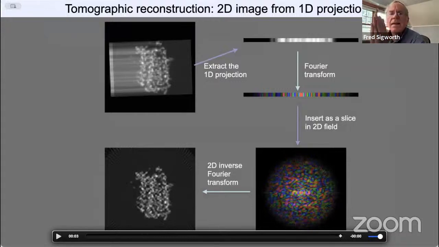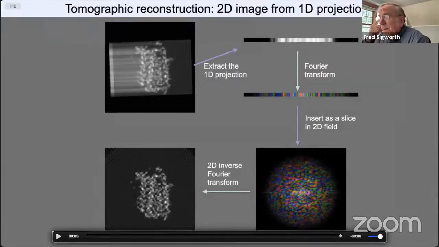And this is exactly how it works in 3D too. So you take a 3D object, compute a 2D projection, or get one in your microscope, compute its transform, insert it as a slice in a 3D volume, and if you insert enough slices, then you've covered the whole 3D volume and you get your 3D reconstruction.